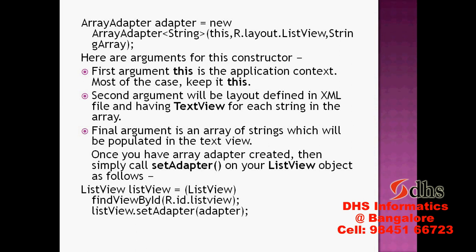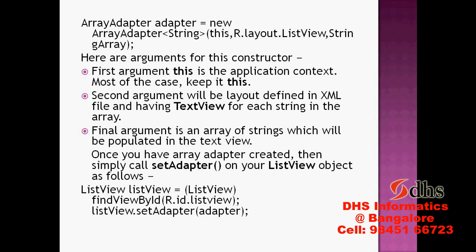The first argument is the application context. Most of the time keep it as this. The second argument is a layout defined in an XML file that has a text view for each string in the array. The final argument is an array of strings which will be populated in the text view.